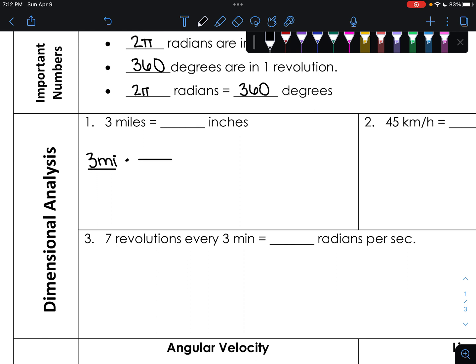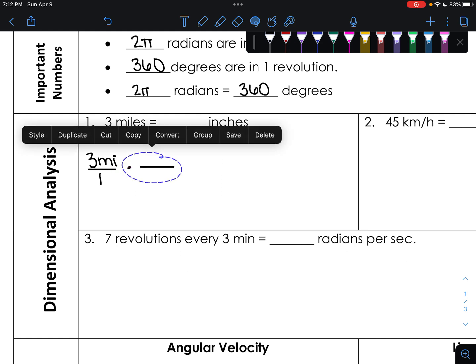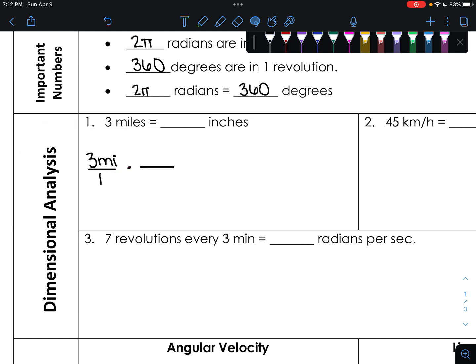Currently, 3 miles is over 1. So let me bring those down. Because I want it to cancel out, that means miles needs to go on bottom. Well, in 1 mile, how many feet are there? Okay, well, that's something you're going to learn. There's 5,280 feet in a mile.